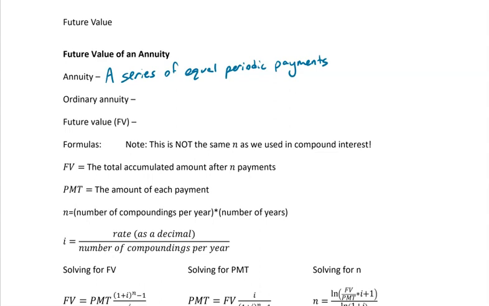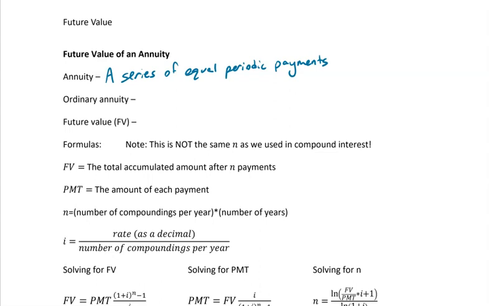So what I mean by that is if you put $200 into an account every month for retirement, it's every month and it's $200 each of those months. That's an annuity.